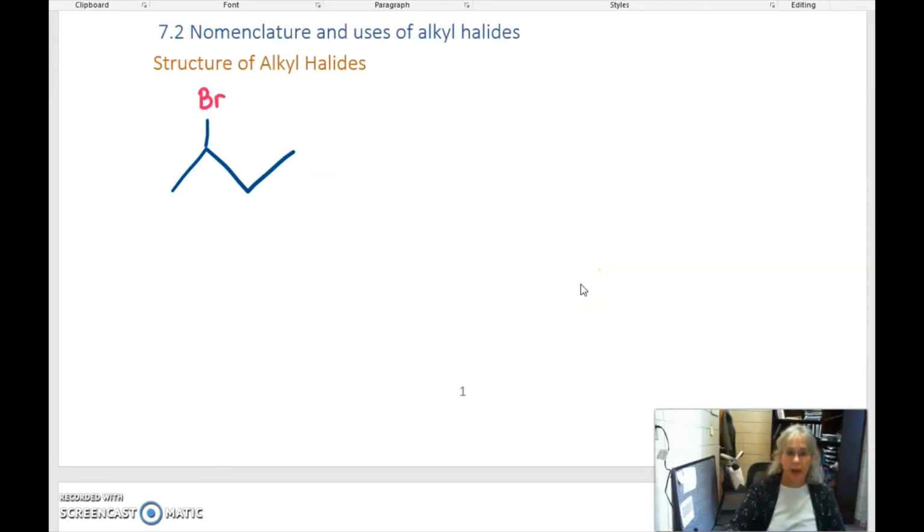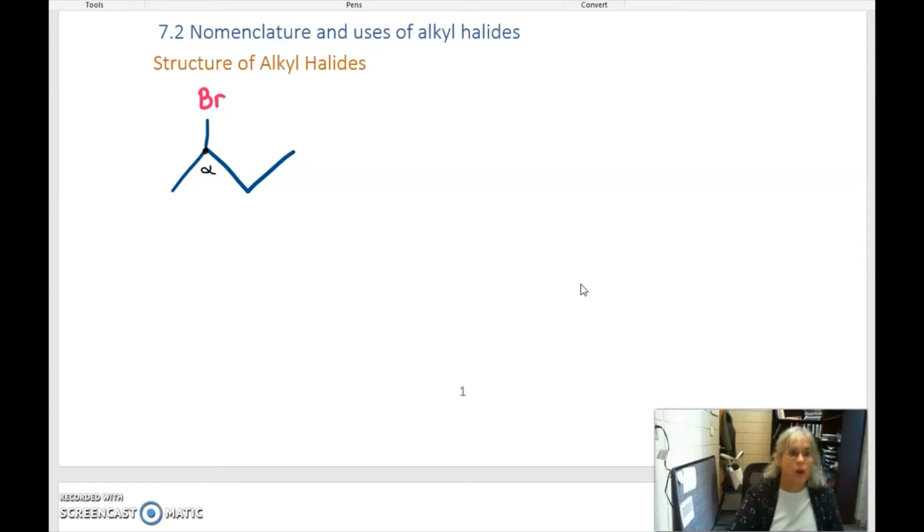Okay, so every time we have a new functional group, we'll have to revisit nomenclature. When we look at the structure of these alkyl halides, we see that we've got a halogen, and we've got a carbon here that's our alpha carbon, attached to the halogen.